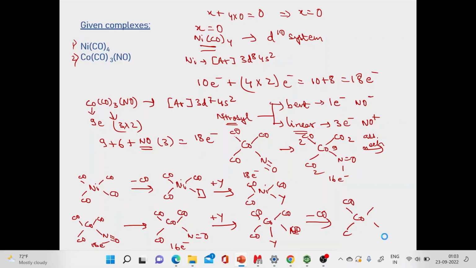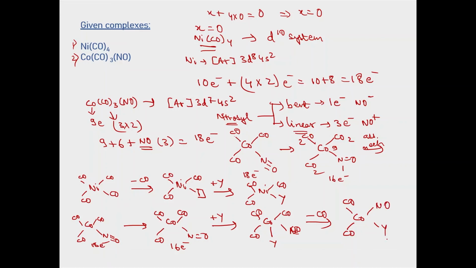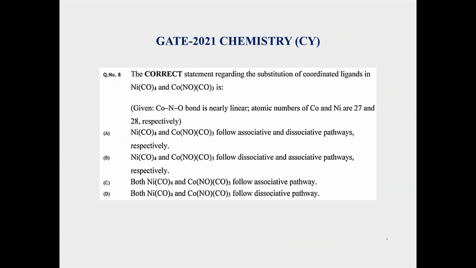Okay. So now coming back to the question, what is the correct statement regarding the substitution of coordinated ligands in nickel tetracarbonyl and cobalt NO CO 3 complex?